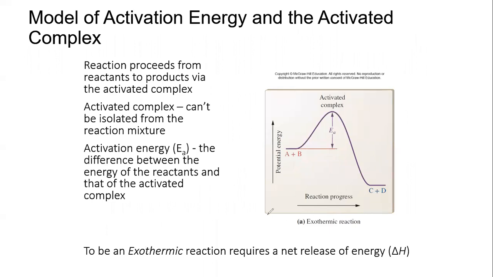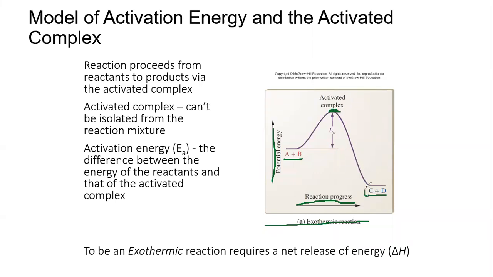We use what's called an energy diagram. It has energy on the y-axis and reaction progress on the x-axis. A and B are our reactants, C and D are our products. This hump that we have to overcome, or this peak, is the activation energy. Once you overcome this, then you roll down and form products.